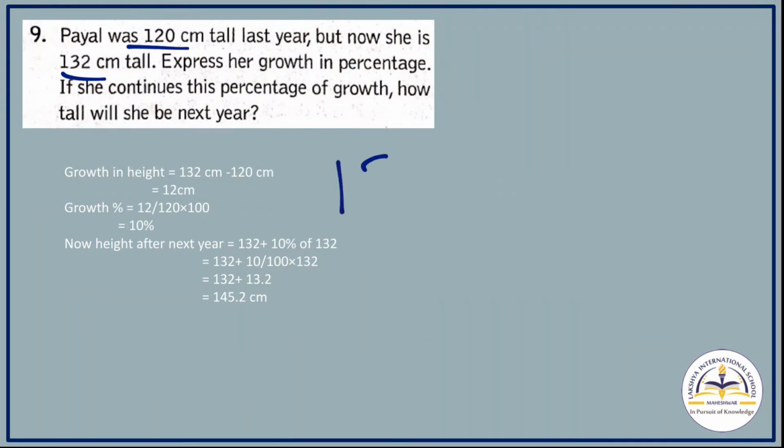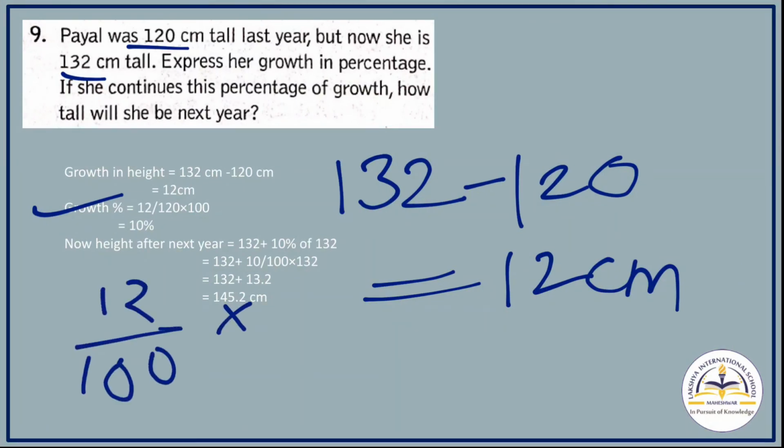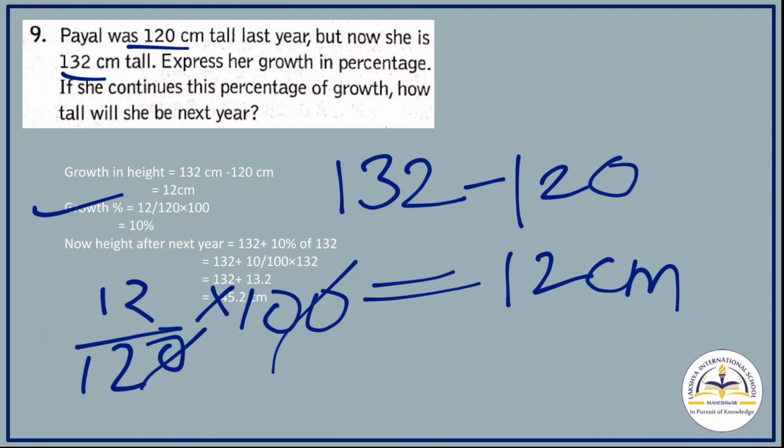First we will find out, that is 132 minus 120, that is 12 centimeter. So 12 centimeter is the growth. So we will find out first the percentage of growth, that is 12 by 120 into 100, that is 10%. So 10% is the growth.